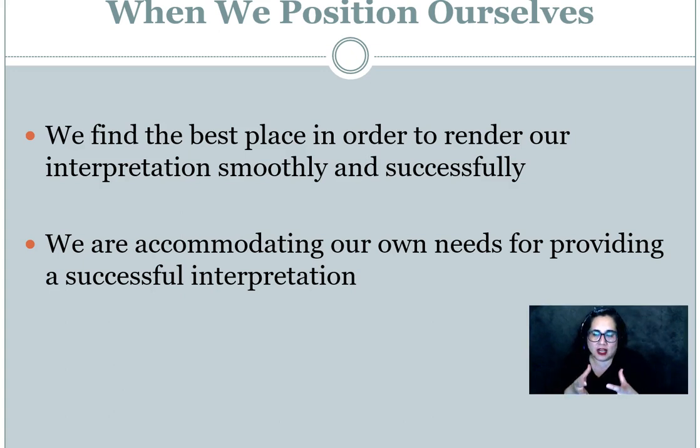If we're in a location where no one can really see, I can't really see, or I can't really hear, I can't do an effective job. So when we're looking for our position, like the second bullet says, we're accommodating our own needs for what we need to provide a successful interpretation, as well as that line of sight for the consumer.